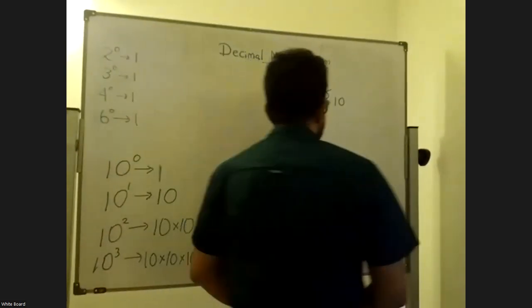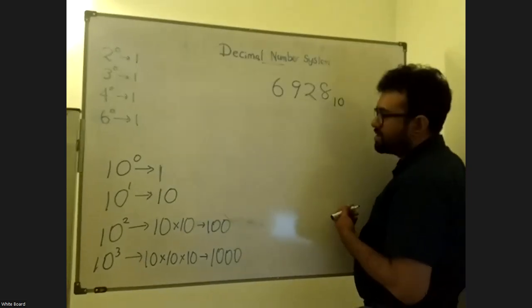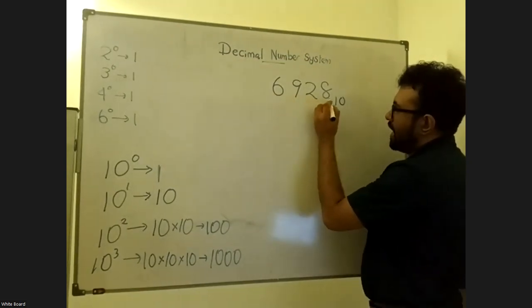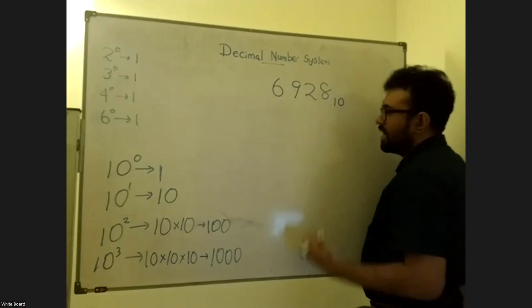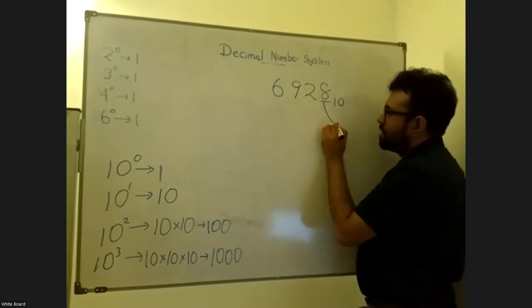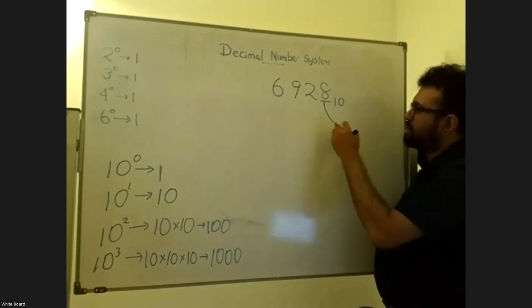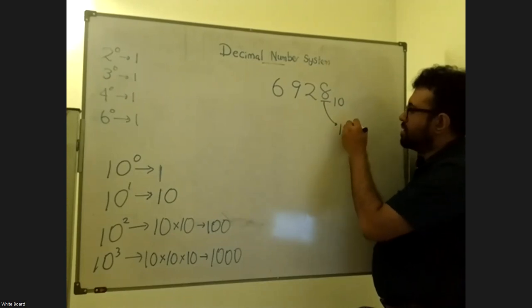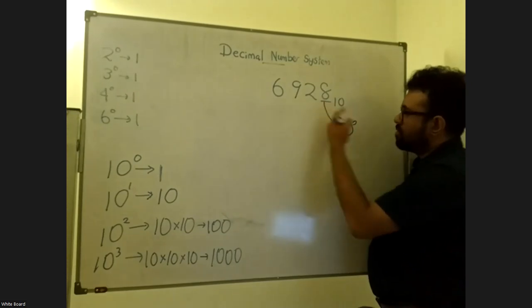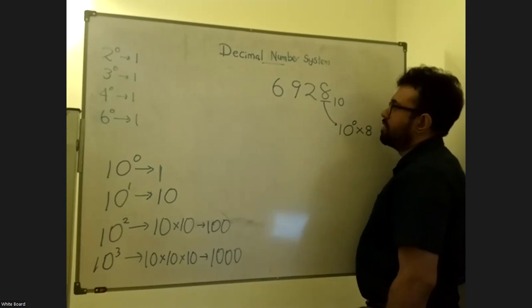Okay, now observe again. Again, you have to do this with me. Pay your attention very carefully. You can see 6,928. This is the number 8. What is the place value here? Now tell me. Place value is 10 to the power 0. Good. And we take this and multiply it by 8 to get the particular value of the position.